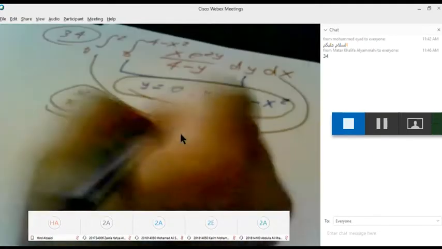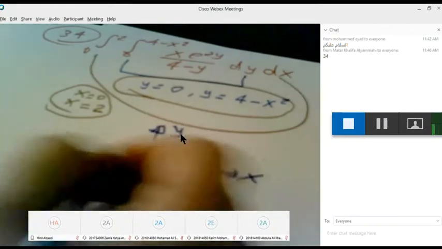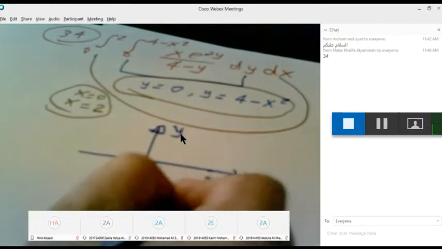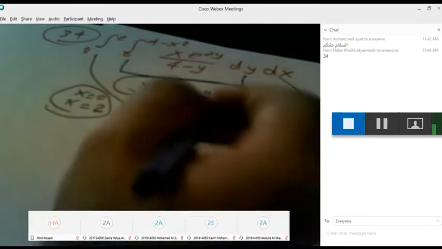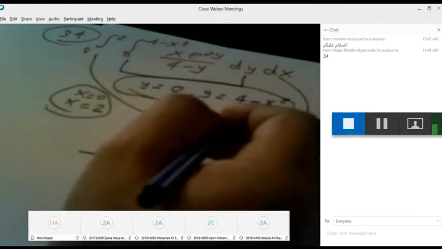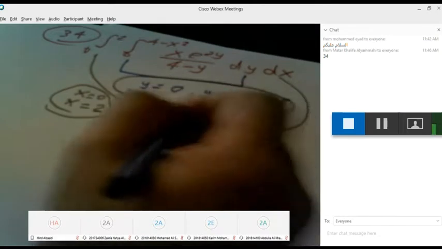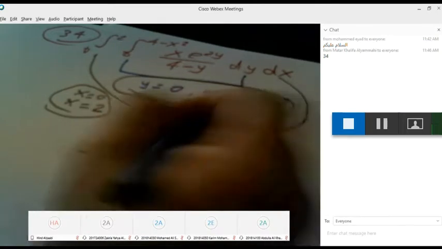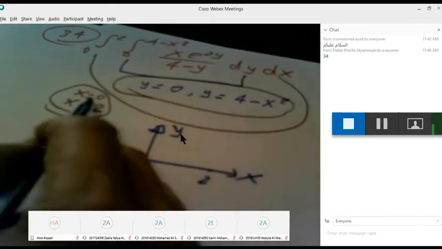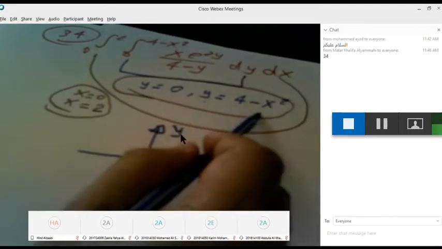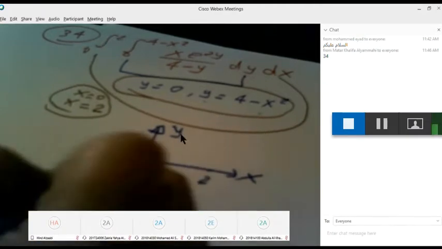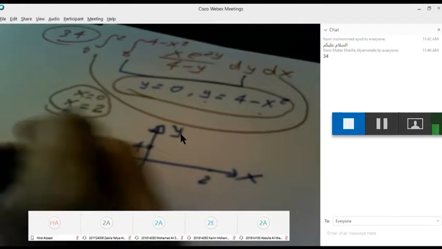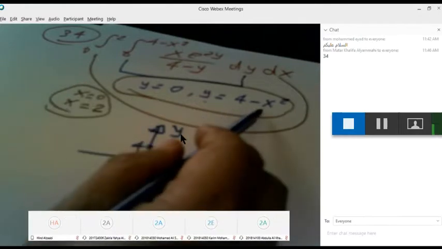But let's check how to find the relation between x and y. I have x from 0 to 2, y 0, so I have no problem. How to explain this parabola? If I have x equal to 0 in the relation between y and x, I will have y equal to 4.